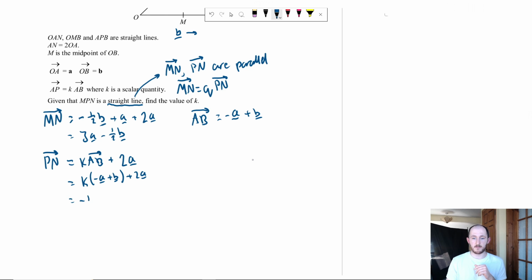Expand the bracket, so I get minus KA plus 2A plus KB. Now, what I tend to do when I have vectors is, if I have two terms which have A in it, I factorize out the A. So that's (minus K plus 2)A plus KB.